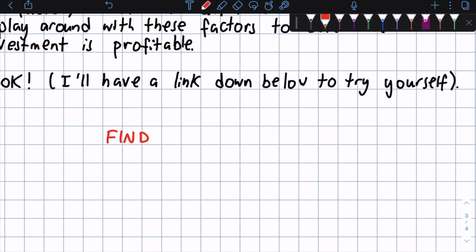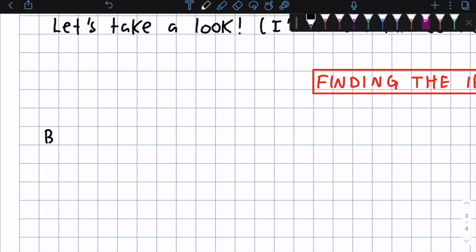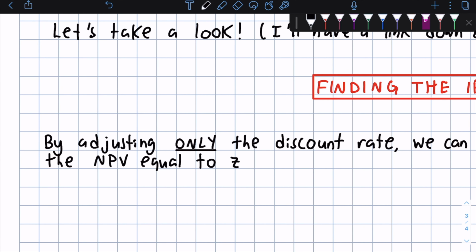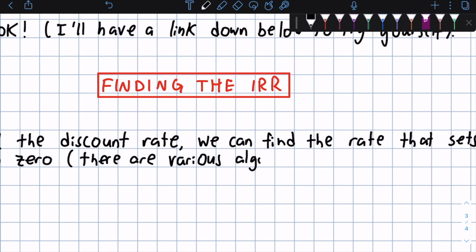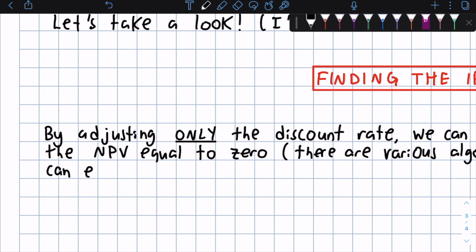So now, how do we find the IRR? And we'll talk about what this is. By adjusting only the discount rate, as you saw in the Excel sheet, we can find the rate that sets the NPV exactly equal to 0. There are various algorithms, such as the simplex algorithm, that can easily solve for this, or you could do it by hand by trial and error.